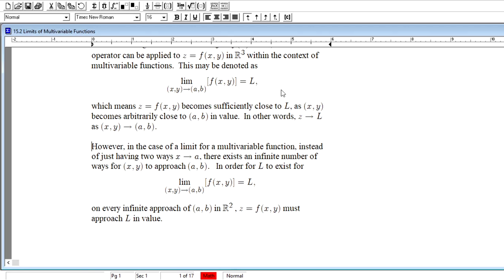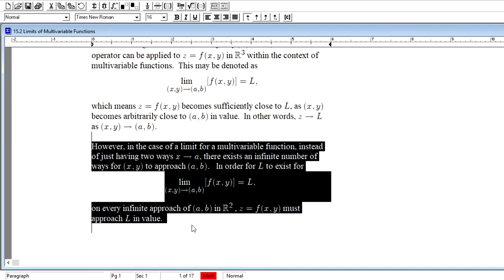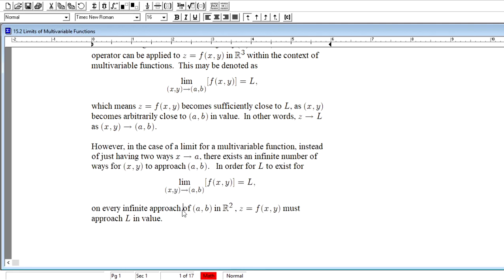Now, as you can read, this next statement is how it differs from calculating the limit of a single variable function, folks. In the case of a single variable function, we had just x approaching a. And there were only 2 ways that x could approach a in that instance, a limit applied to a single variable function y equals f of x.